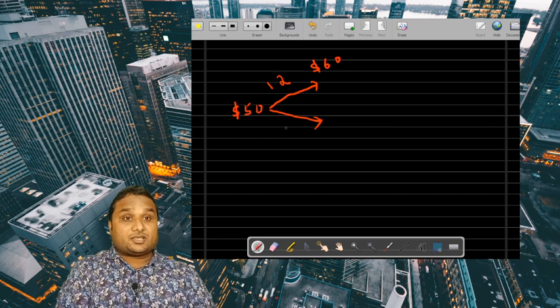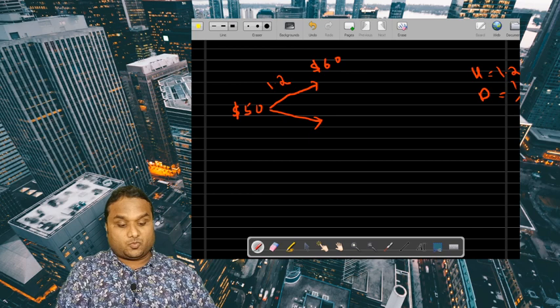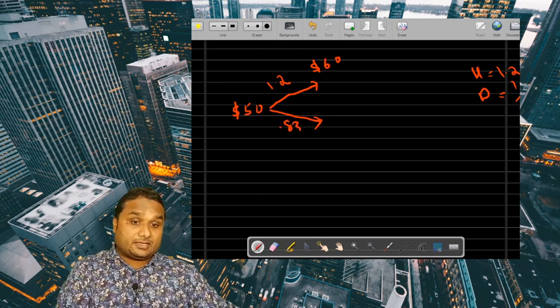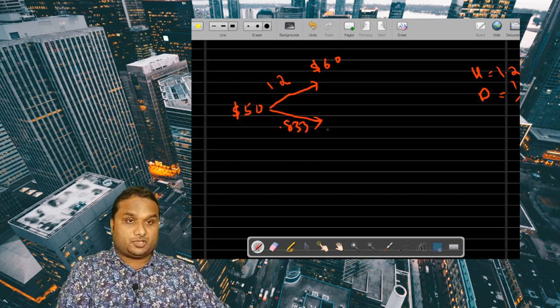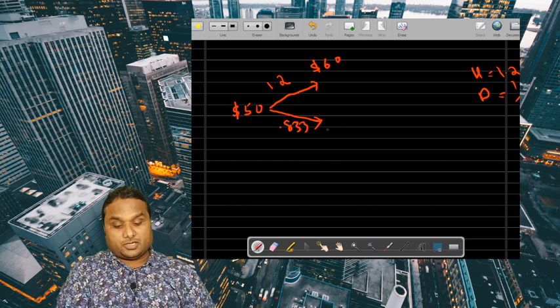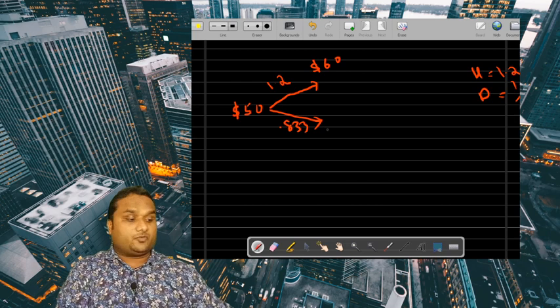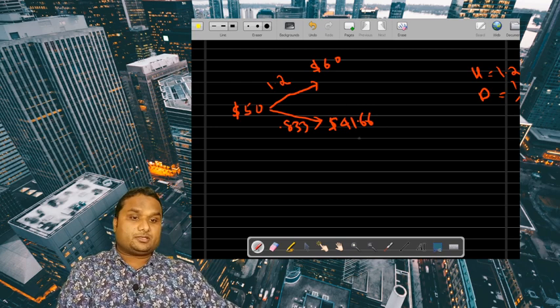So the downward is 1 over 1.2. If upward is 1.2, then downward is 1 divided by 1.2, which is 0.8333, that is 83.33%. So the price after a downward movement is 50 into 0.833, which is $41.66. So this is the upward movement, this is the downward movement.